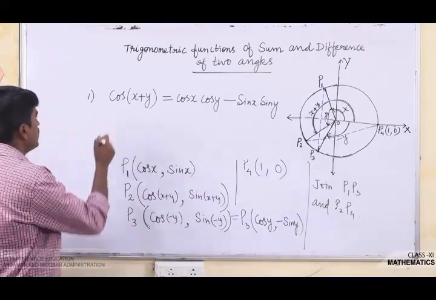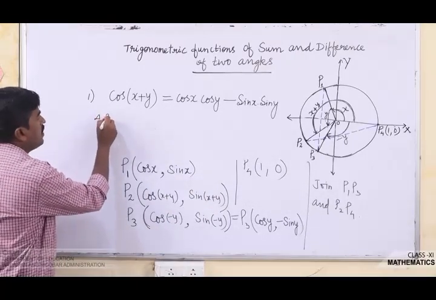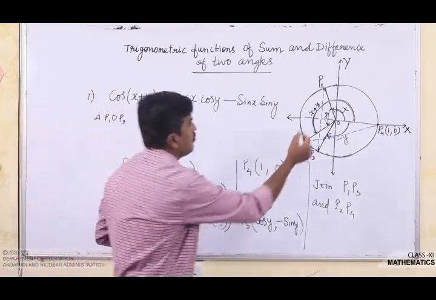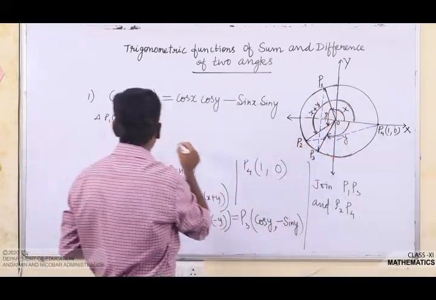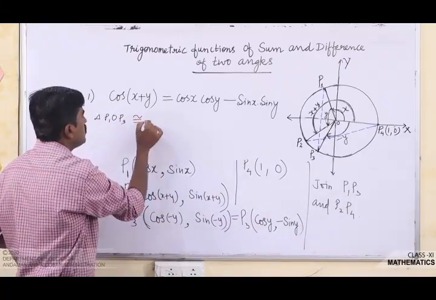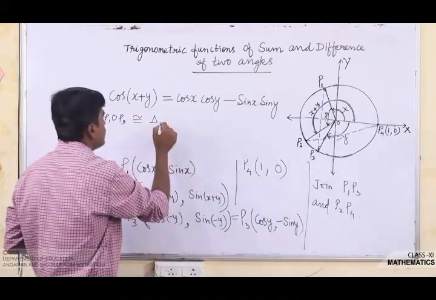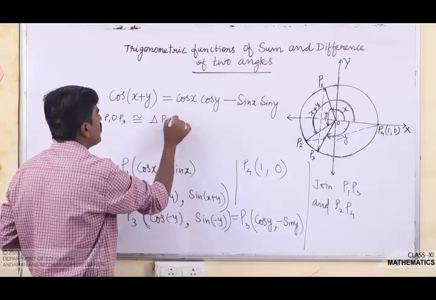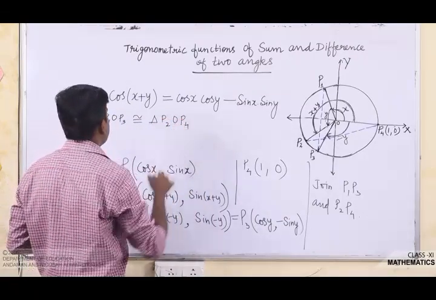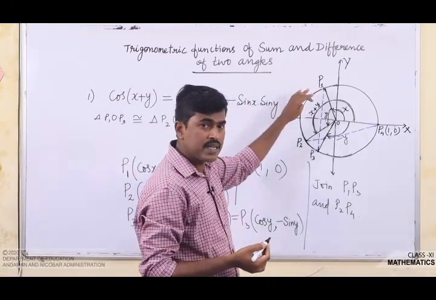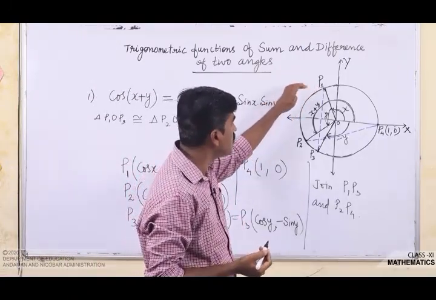Now triangle P1OP3 is congruent to triangle P2OP4. So we know that if two triangles are congruent, then the corresponding sides are equal.